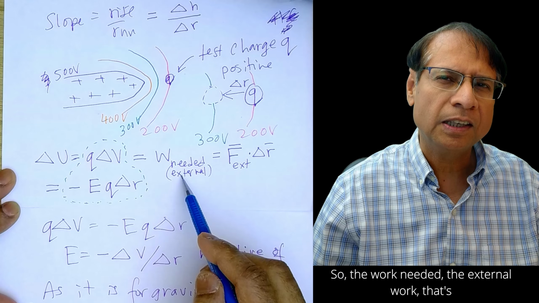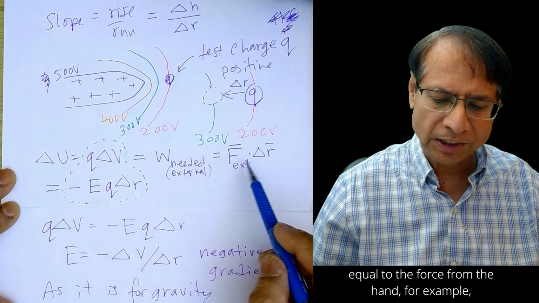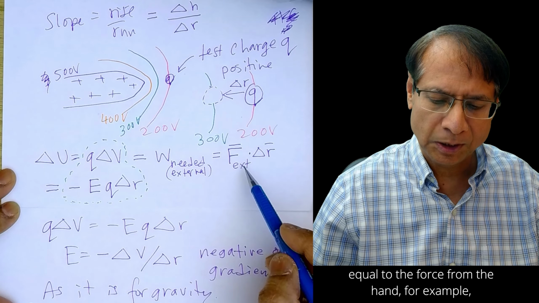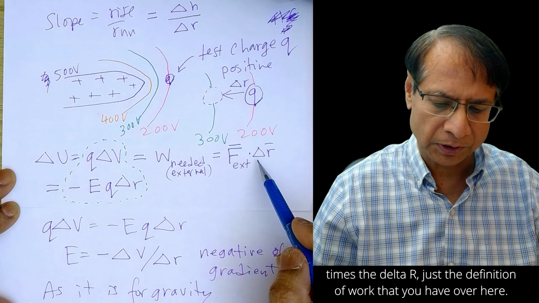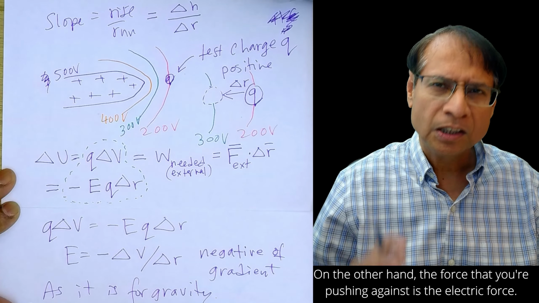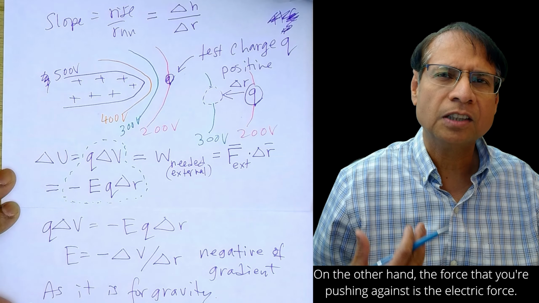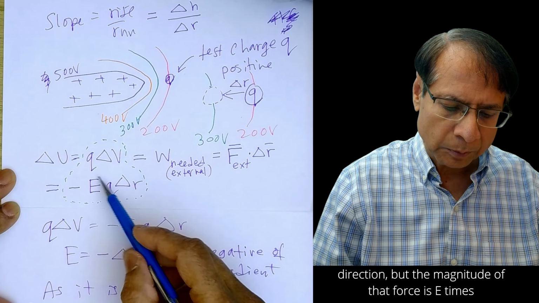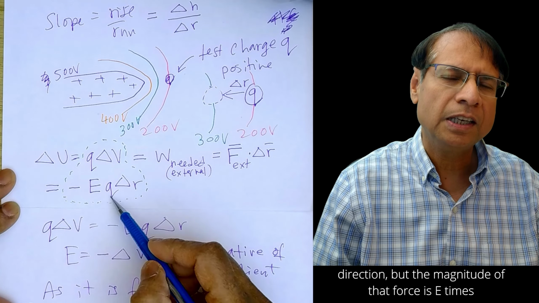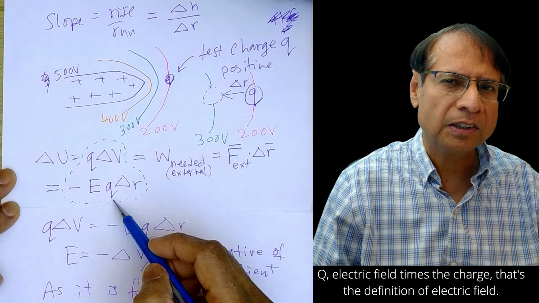So the external work is equal to the force from a hand times the delta R, just the definition of work. On the other hand, the force that you're pushing against is the electric force. That force is in the opposite direction, but the magnitude of that force is E times Q, electric field times the charge.